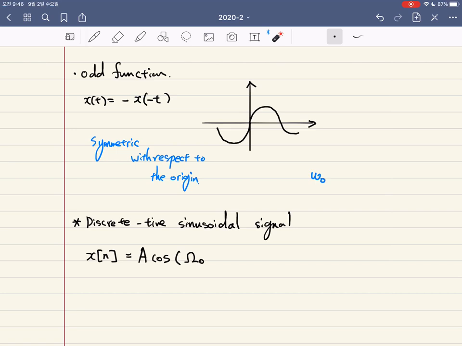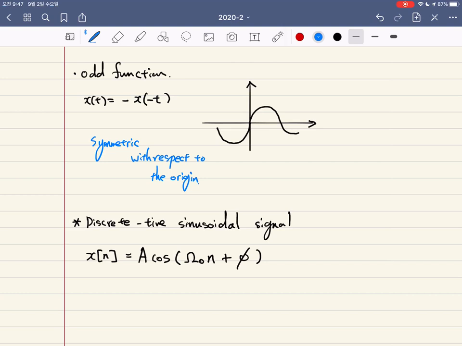We will use the uppercase frequently for discrete time sinusoidal signals, so you can distinguish the two. And we will not use the letter t, but we will use n for the input of the discrete time signal. And phi is the same.